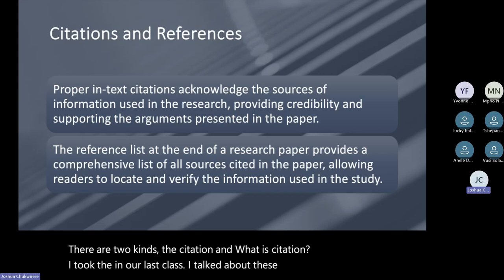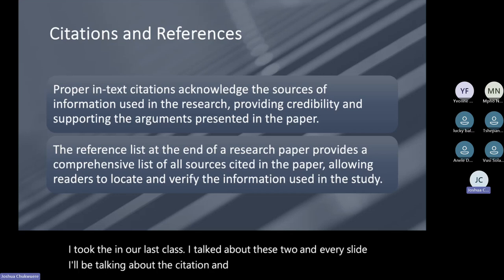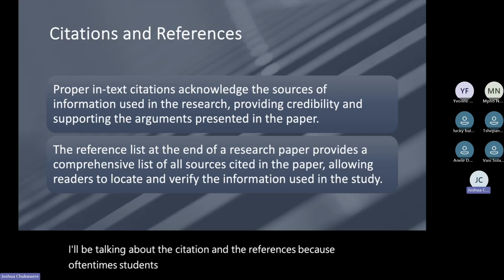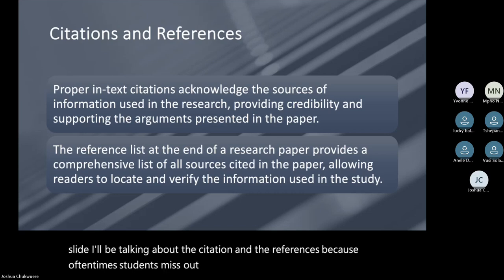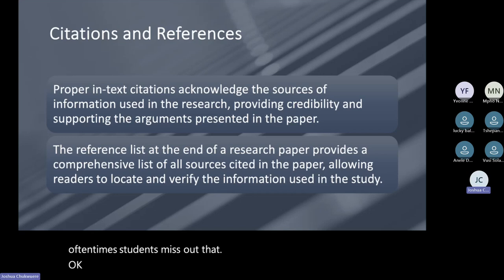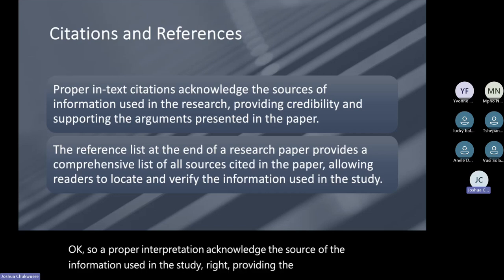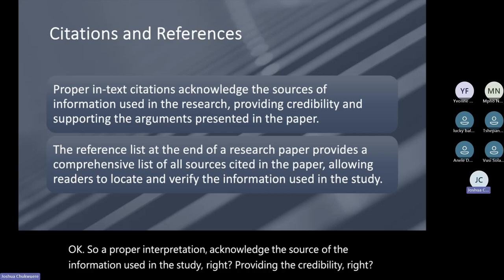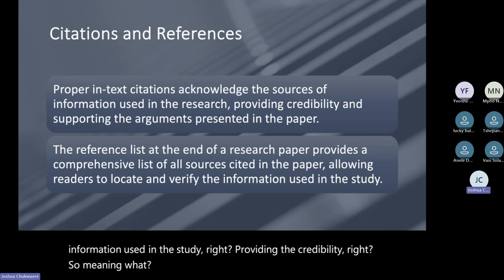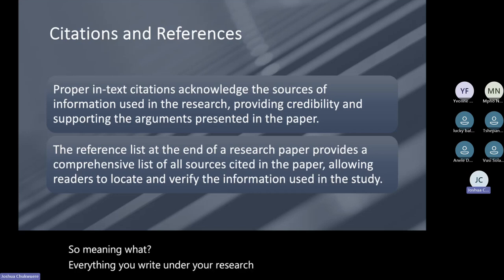And on every slide, I will be talking about the citation and the references, because oftentimes students mix them up. A proper in-text citation acknowledges the source of the information used in the study, providing credibility. So, meaning everything you write under your research methodology provides citation.